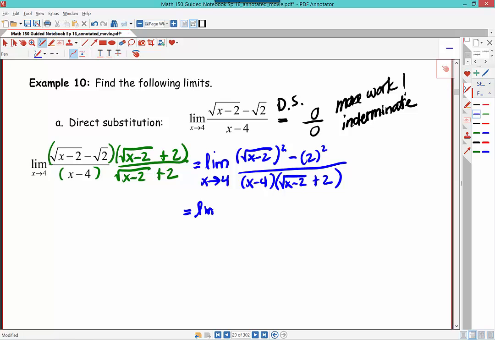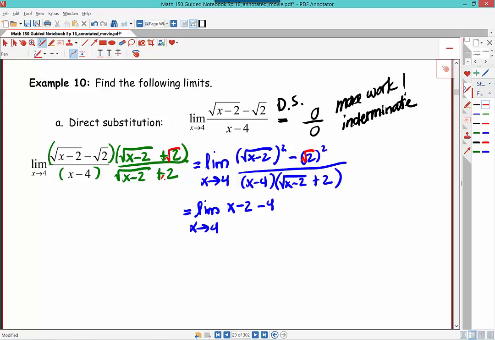So we'll get the limit as x approaches 4 of x minus 2 minus 4. Oh, gosh. My bad, guys. As I'm saying that, I'm like, okay, I forgot my root 2. Do you see that? Hang on. I'm going to go back here. I forgot that root 2.